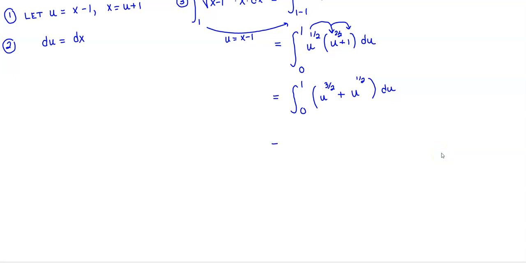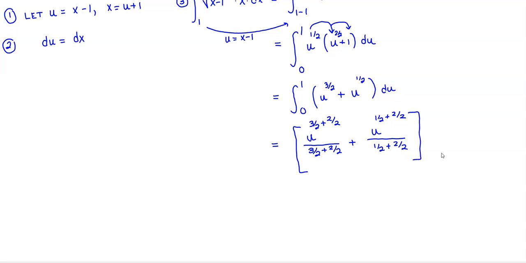Now we're going to take the antiderivative. If we take the antiderivative of u to the 3/2, it's 3/2 plus 1, which is 2 over 2, and then we write the same thing in the denominator, 3 over 2 plus 2 over 2. Plus we have u to the 1/2, plus 1, which is 2 over 2, and over here we have 1/2 plus 2 over 2.